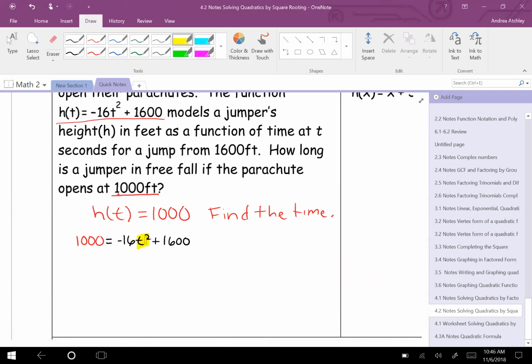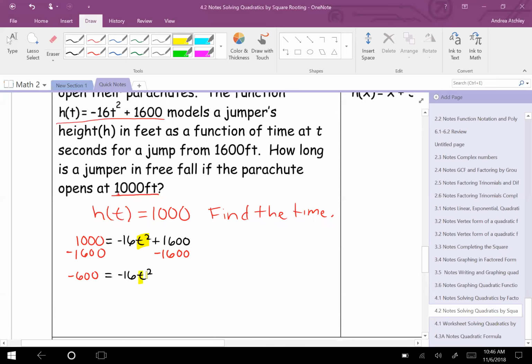So Mason, how do I get rid of the 1600? Subtract it. Very good. It's being added, so I use the inverse operation and subtract it. That's going to give me negative 600 equals negative 16t squared.